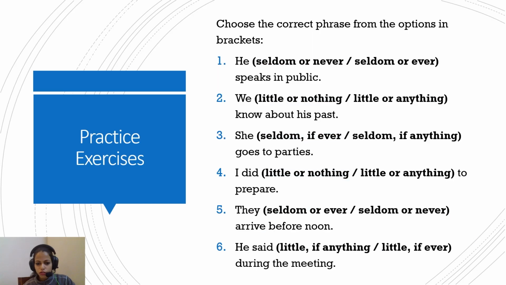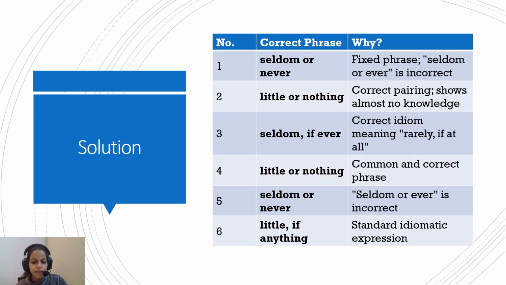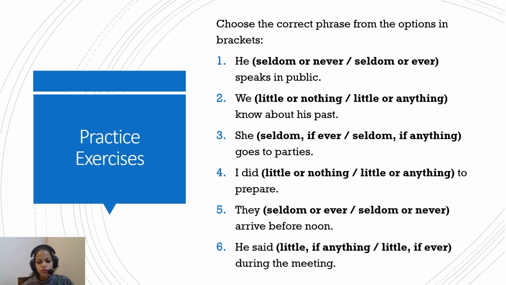He said little, if anything, or little if ever. Little if ever is nothing. So you say little if anything during the meeting, meaning he said almost nothing. Just remember it's like 90 to 100. You use two numbers that are close to each other, and similarly in English you use two words that are close to each other.